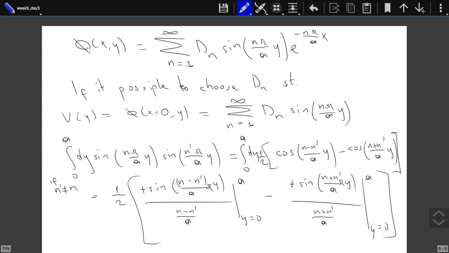When I put y is equal to a, an integer times pi, the sine is 0. When y is equal to 0, sine of 0 is 0, so this is 0. The same thing holds here. This is an integer. When y is equal to a, the a's cancel, an integer times pi, the sine is 0. In the upper limit, it is 0. When y is 0, this is automatically 0, so sine of 0 is 0. So this is equal to 0.